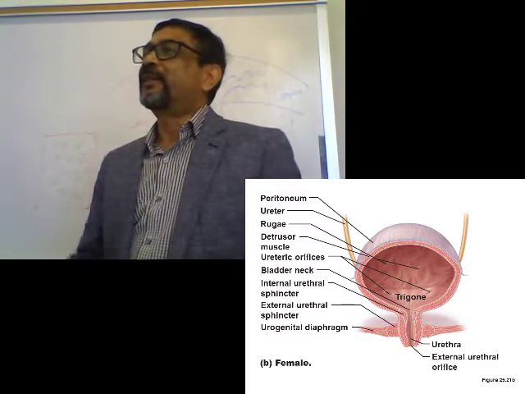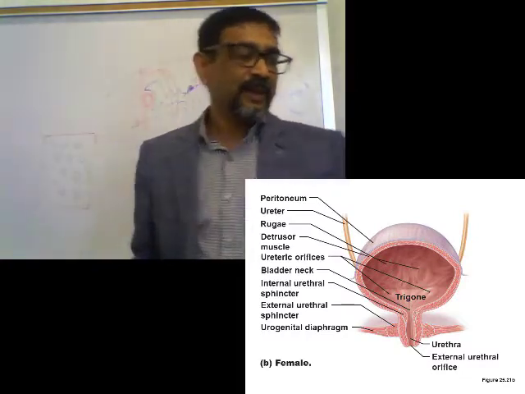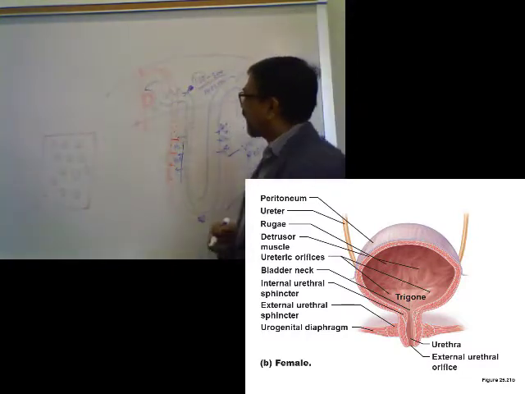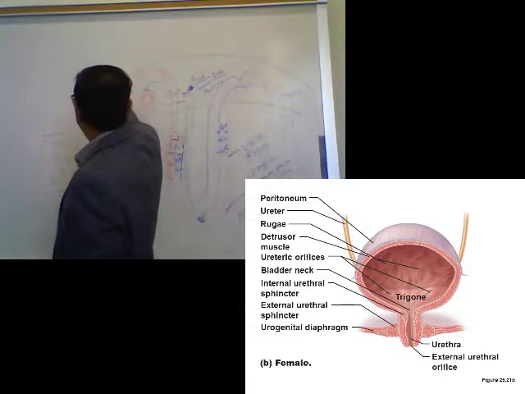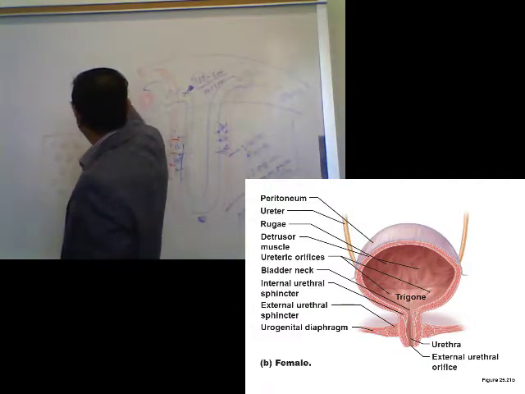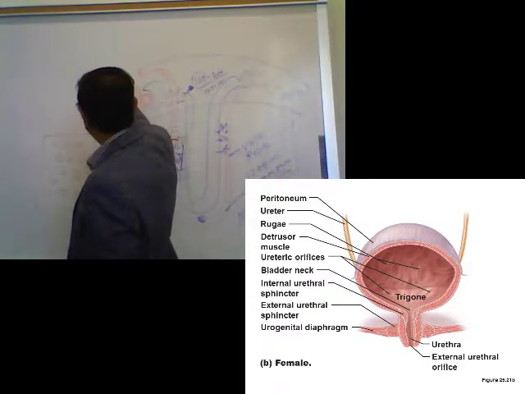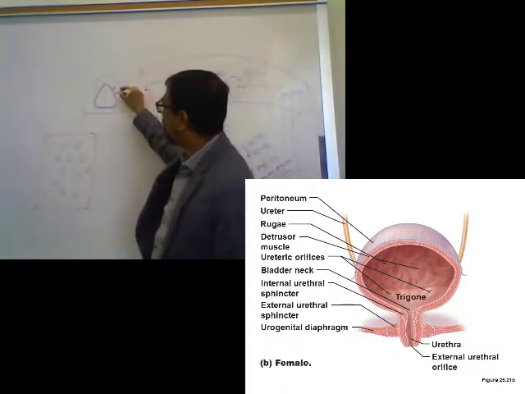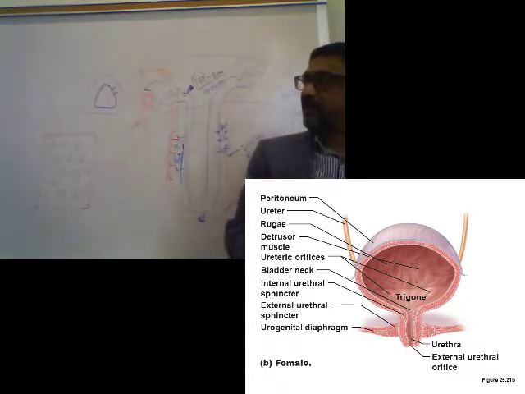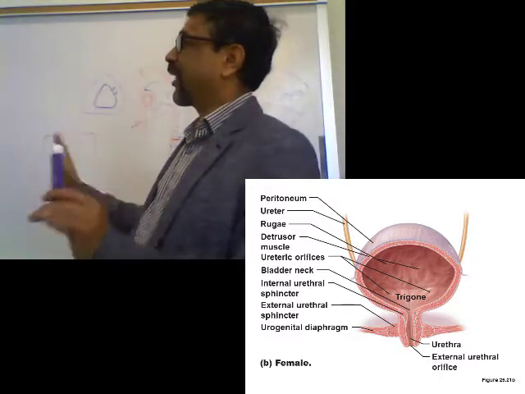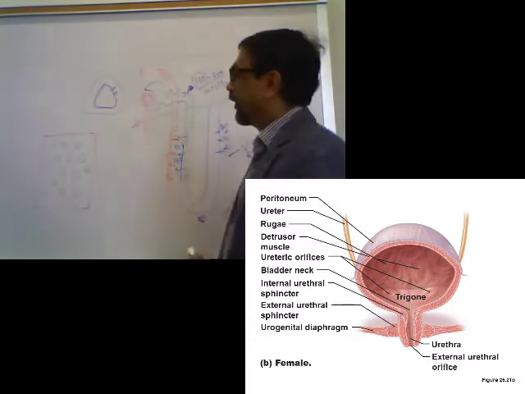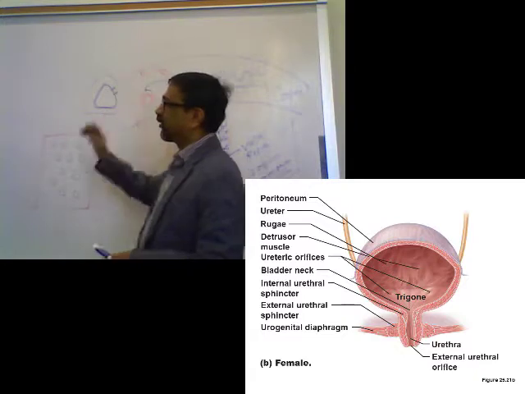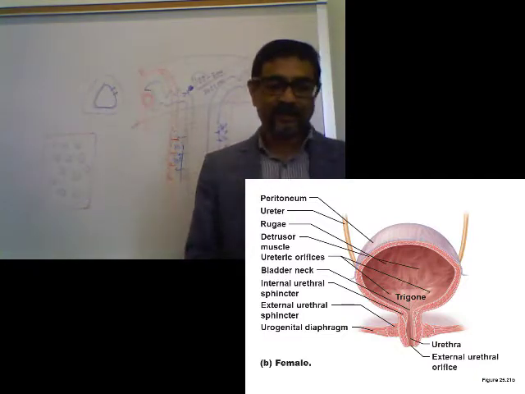So the transitional epithelial lining does not allow any fluid to pass through it. So if this is the urinary bladder, this is the wall, transitional epithelial lining is here, will not let the urine get back into the body. So it can stay there for hours as it is. And when needed, we just empty the bladder.